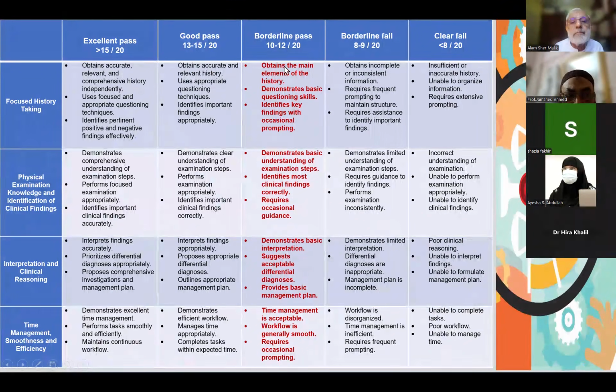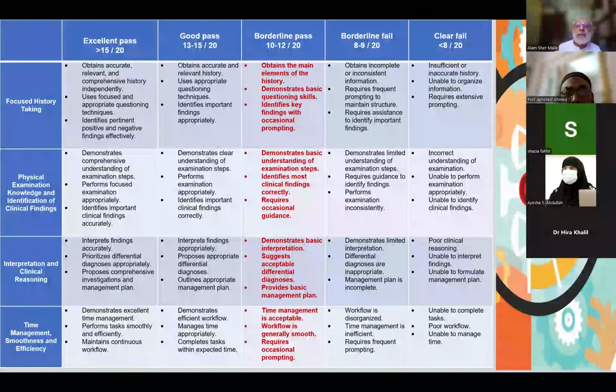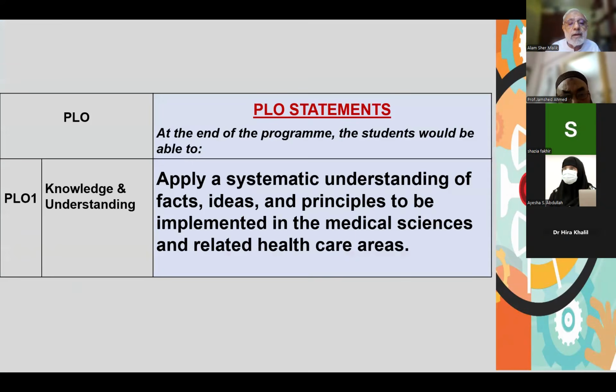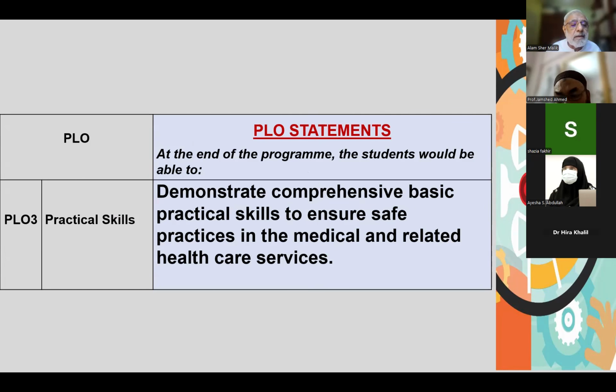Then obtains the main elements of the history. In this way, we can develop a table like this, and once we have it, it would be so useful to train our SMEs and apply this concept while implementing this standard setting process.